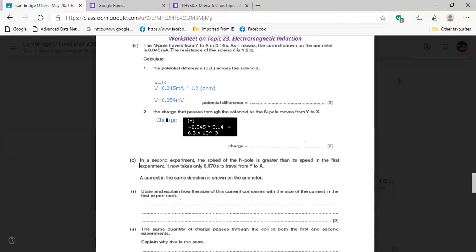First experiment we had time 0.14 second, right? But now the time became half. So what will happen? The frequency will be half.